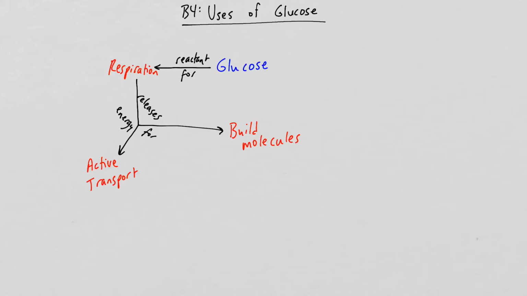That active transport is going to uptake things like nitrates from the soil, so that's active transport of the nitrates from the soil using energy because it's moving it against a concentration gradient, and those nitrates are going to be used to build amino acids.